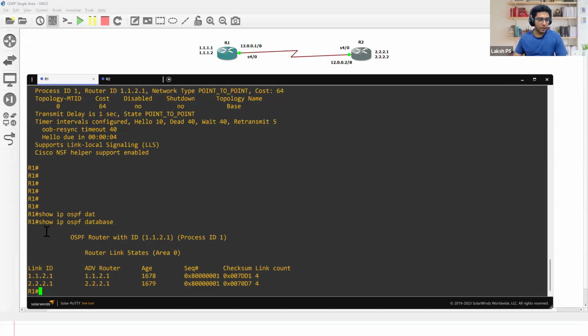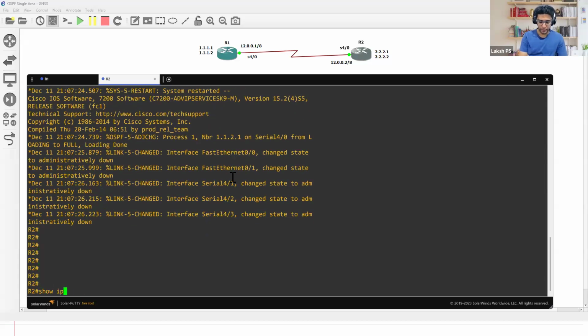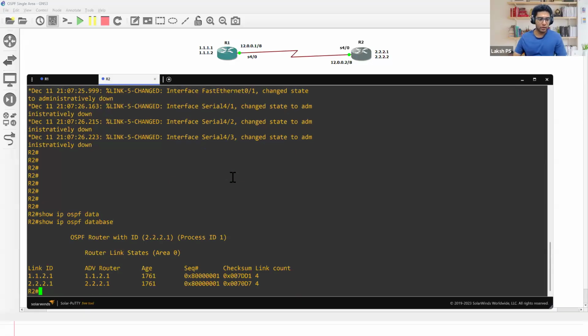So you can see this database here. You will find an exact copy of this database on R2 as well. Show ip ospf database, and you can find the exact copy on R2. So what is happening?